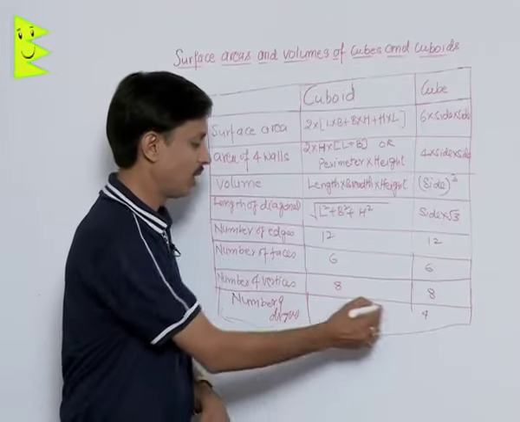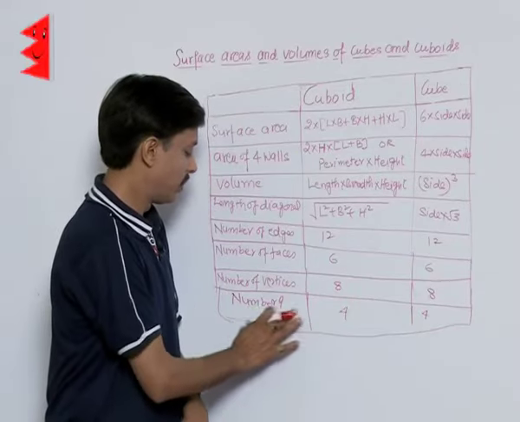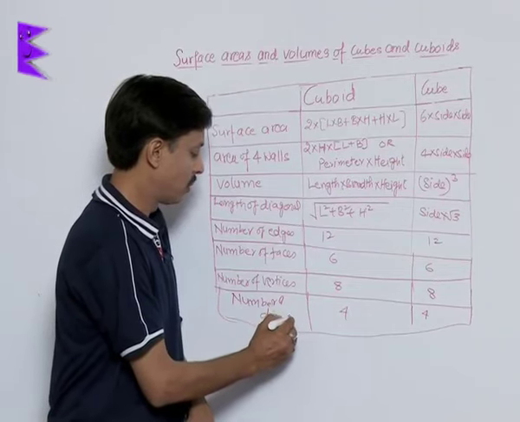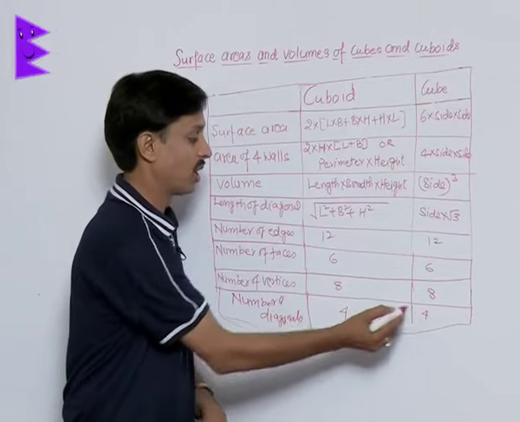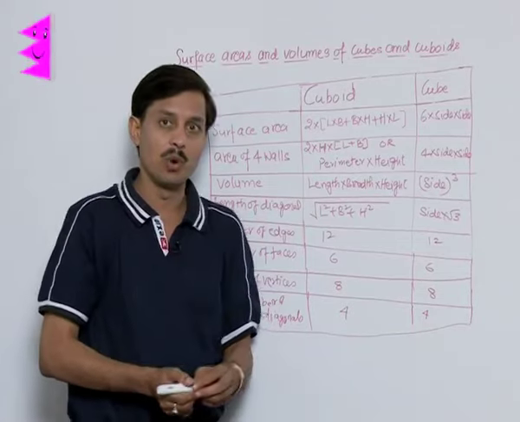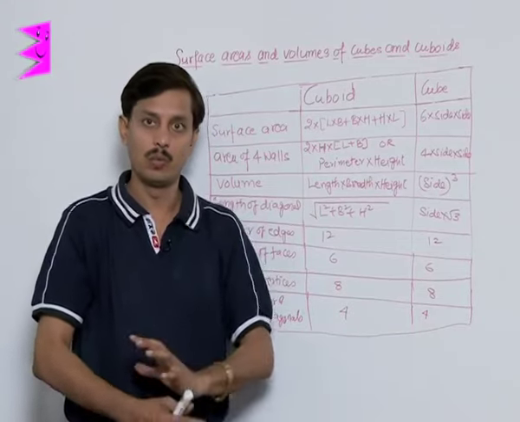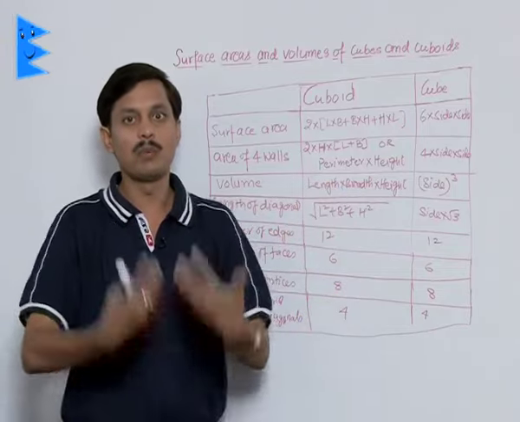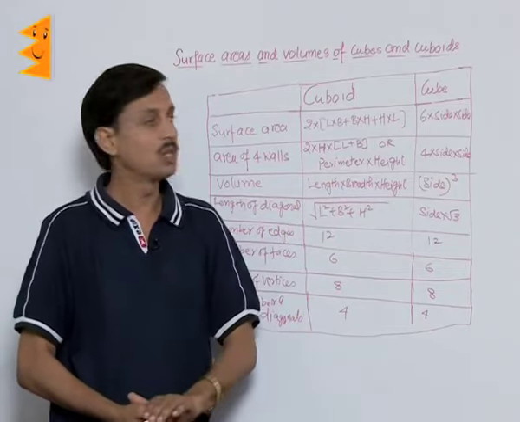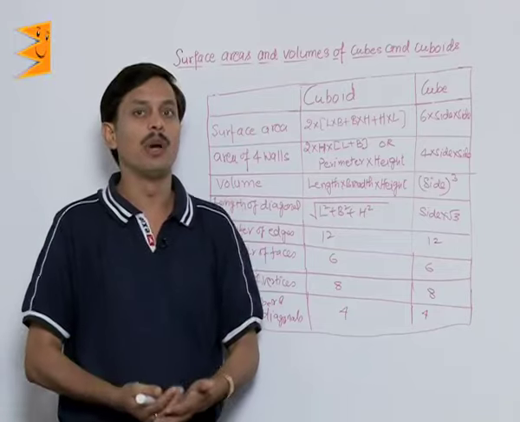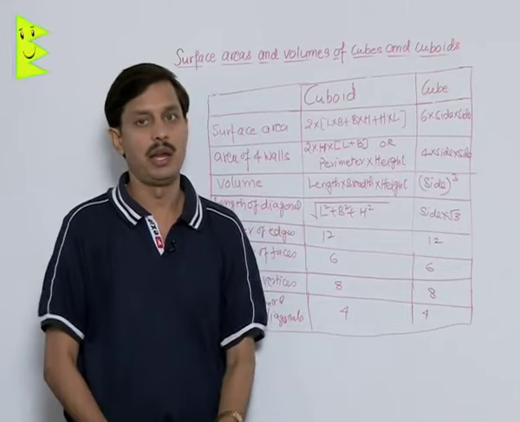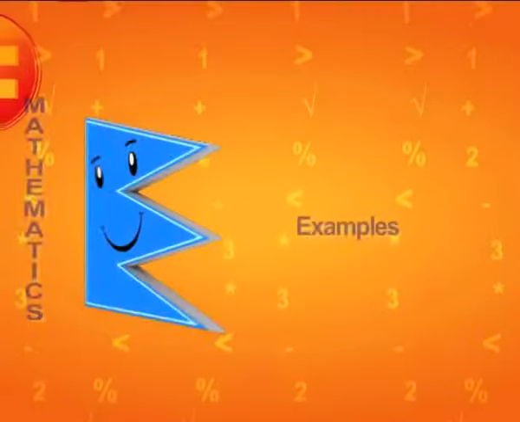Whether it is a cube or cuboid, the number of diagonals is 4. There are 4 diagonals in a cuboid as well as in a cube. We will apply these results to solve problems based on cube and cuboid for their surface areas and volumes.